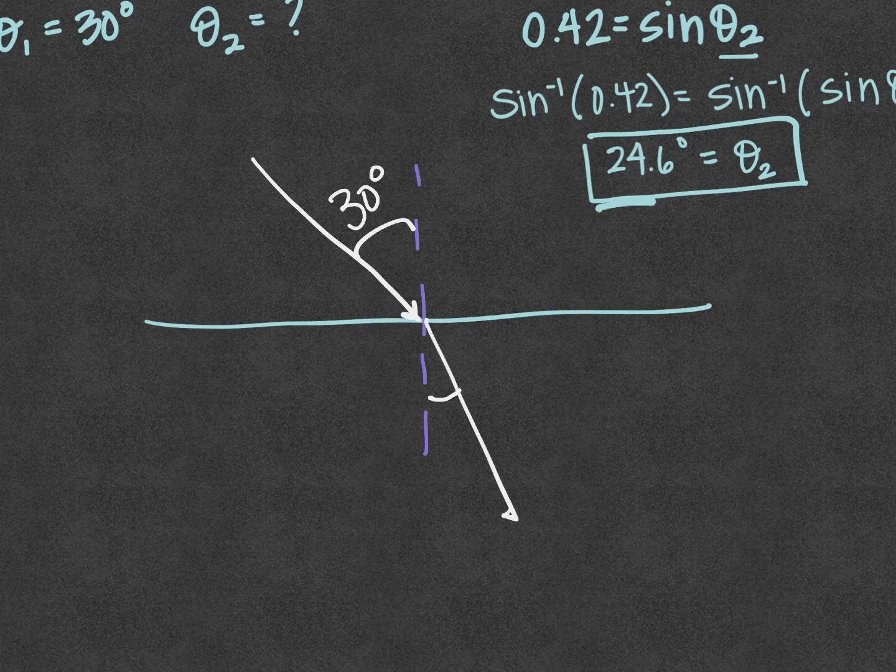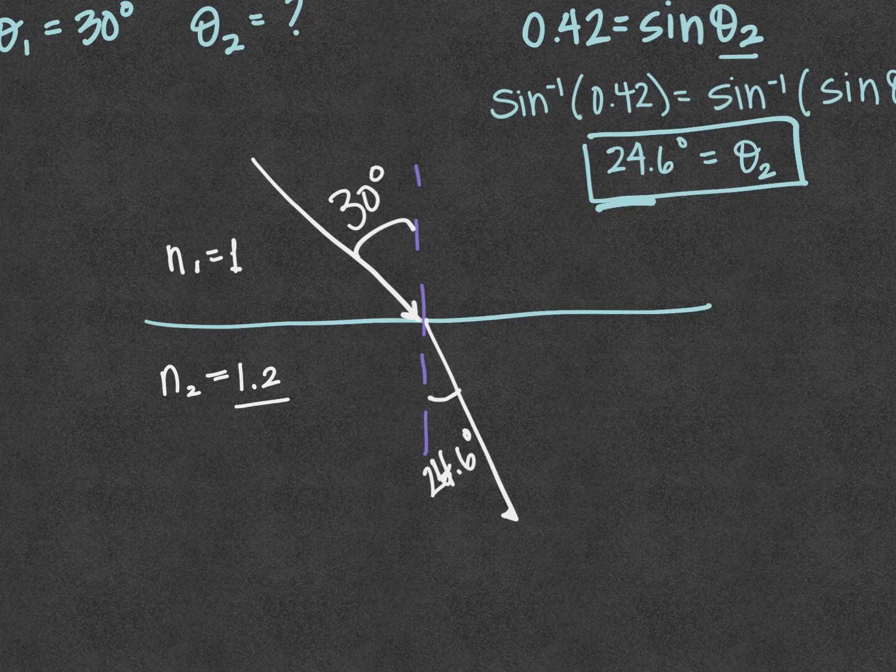So it bends here, and this angle is our 24.6 degree angle. And so as the light goes from a low index of refraction, so this N1 was just 1, to a high index of refraction, the ray bends towards the normal.